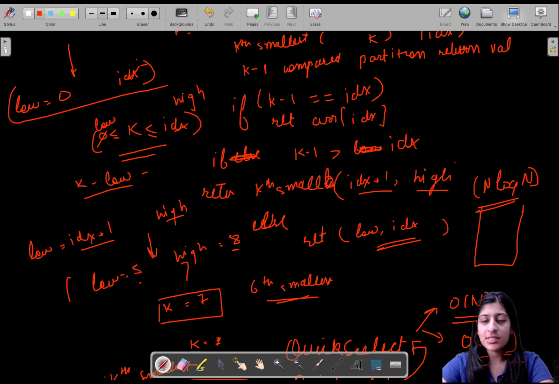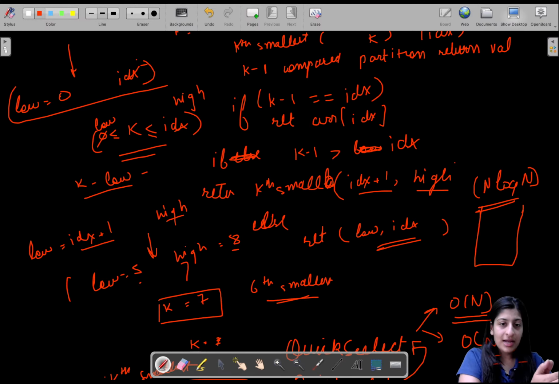It means you have to make a recursive call to this function kthSmallest with parameters: L will be your L, your R will be IDX minus 1, ideally, because we are including the rightmost index as well. So in this case your window size will become L to IDX position minus 1, and k will be passed as it is. Fine.